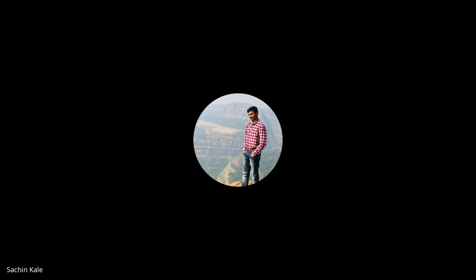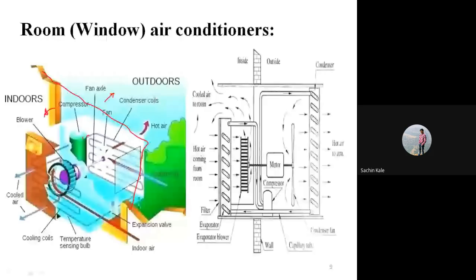Here, the compressor will be on the boundary itself. Then the condenser coil will be situated outside of the room.